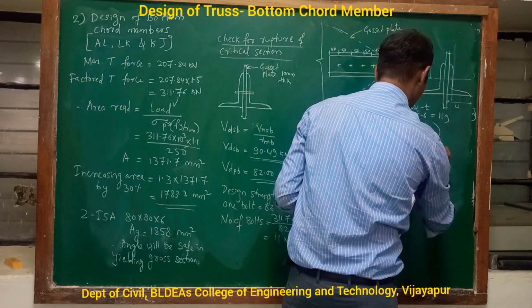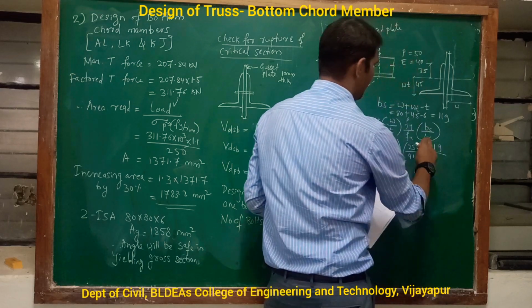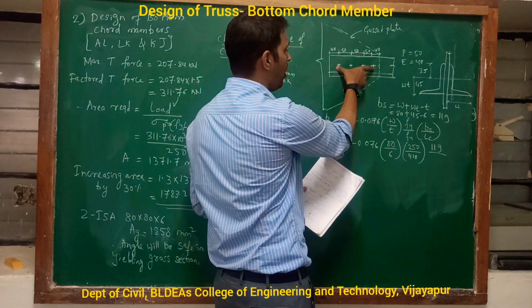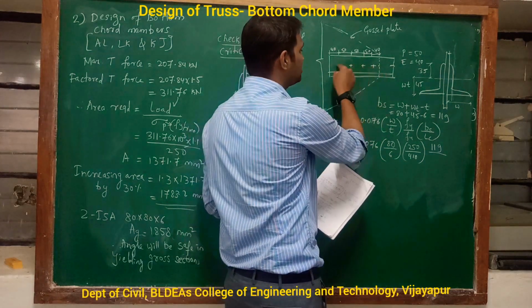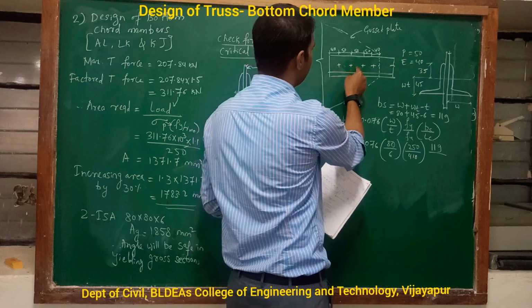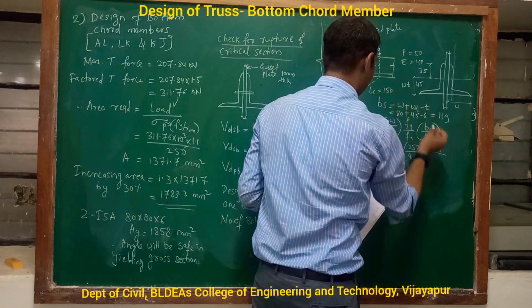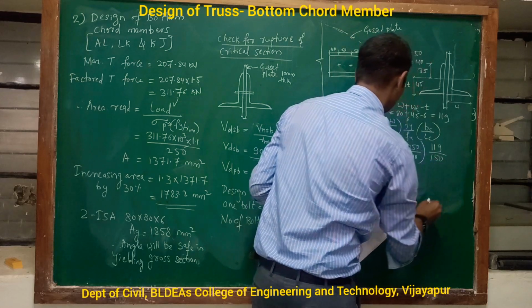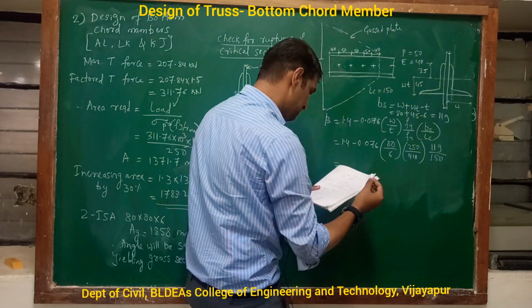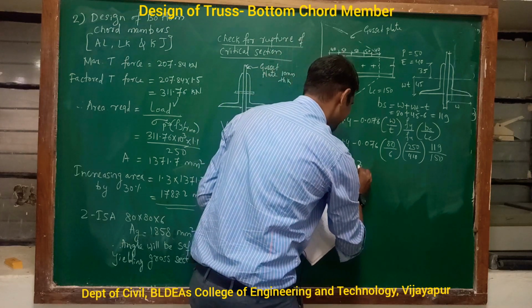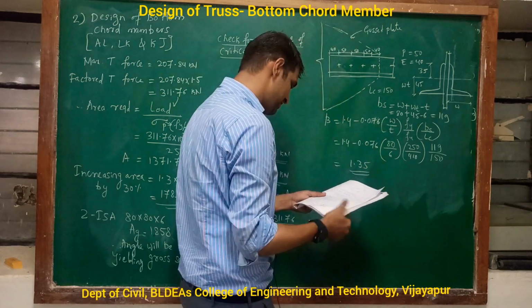So this will be substituted here, 119, and LC stands for length of connection, the distance between two outermost bolts along the direction of the force, which is 50 plus 50 plus 50. So your LC is equal to 150, which I will be substituting here. So with that, beta will be 1.35.